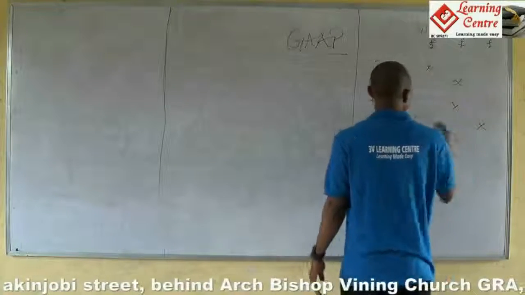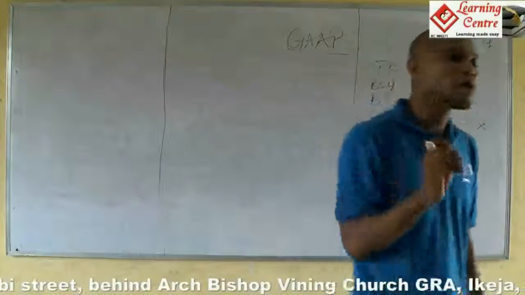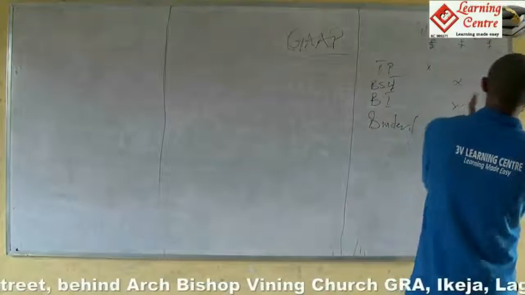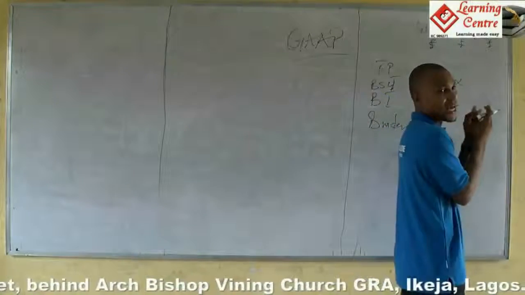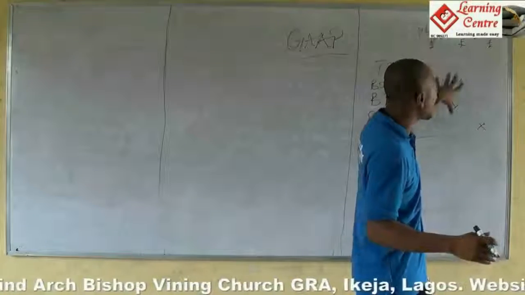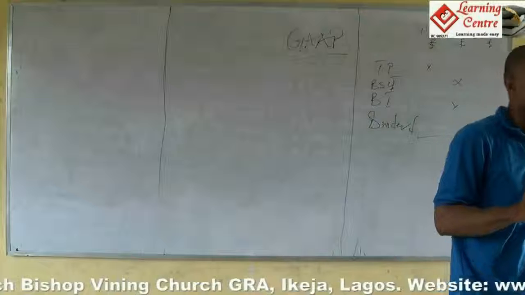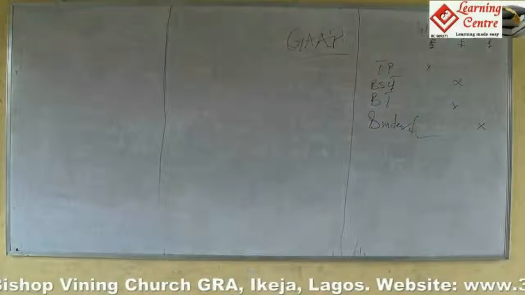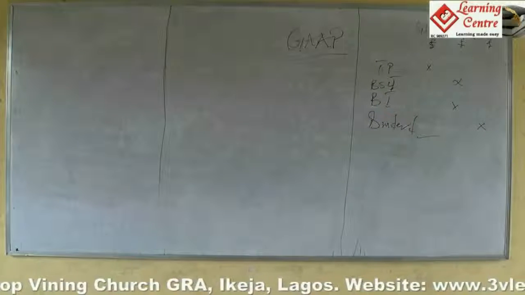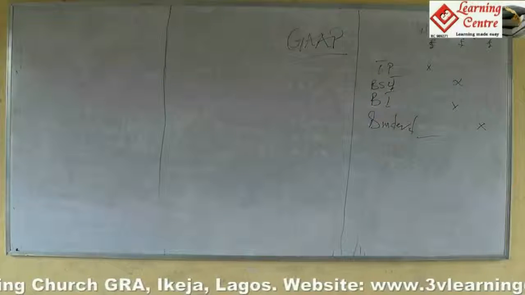All of these things are included on the face of the income statement. But because we have a way in which we categorize each of these items, if you should have any of these items on the face of the income statement, you disallow it. What do I mean by disallowing? I'll let you know. I don't want to start using the word allowable or deductible so that you won't get mixed up.